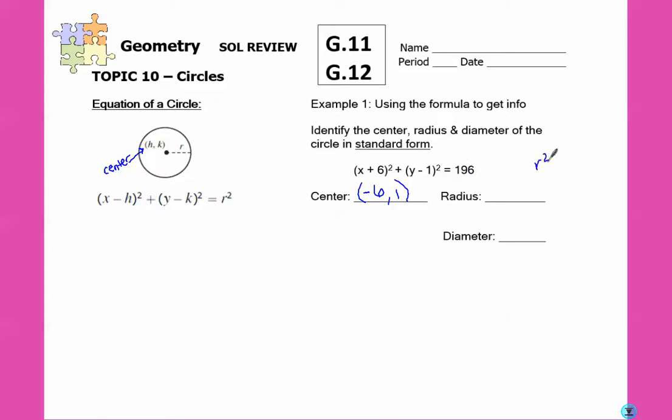So r squared equals 196. To find the radius, we would have to square root both sides, which gives us a radius of 14. And remember, our radius is halfway. Diameter is the entire way across, so it would be 14 times 2, which is 28.